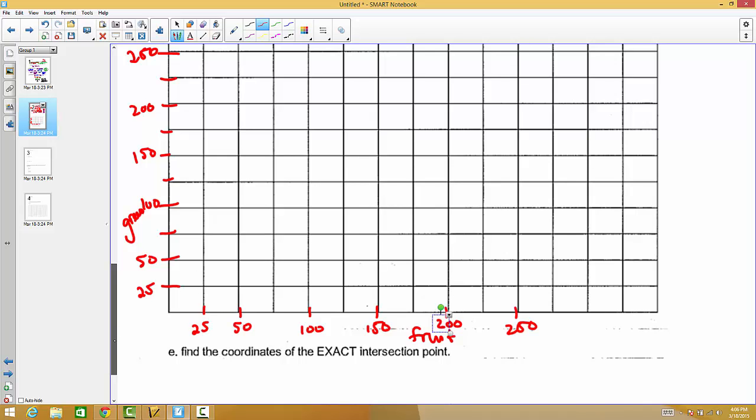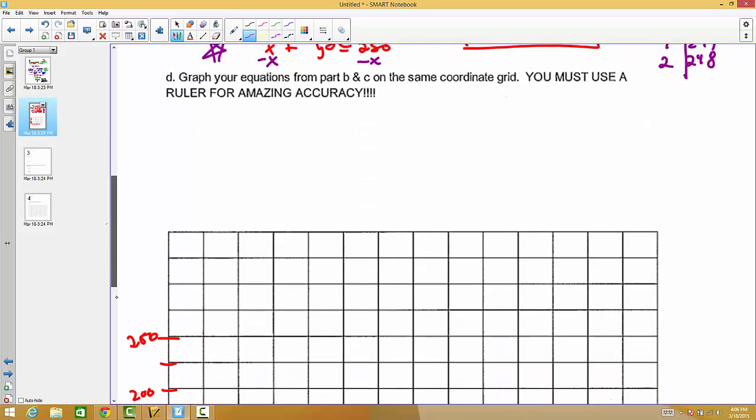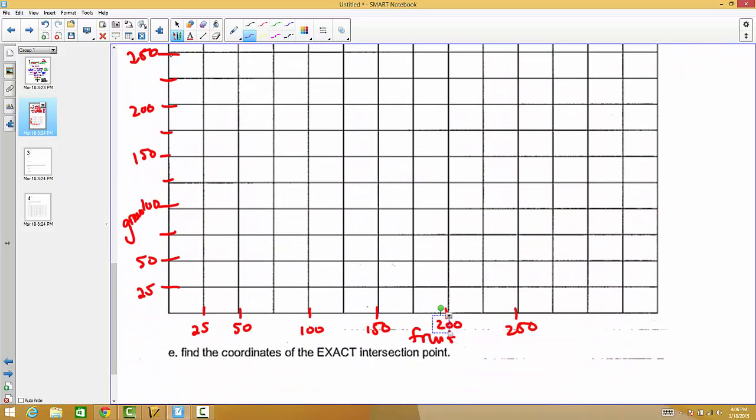Okay, so if we want to graph this bottom one, 0 gives 250. So I'll make this table over here. And then 25 would give 25 less, so it would be 225.